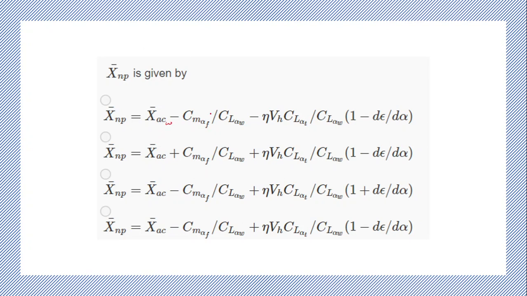What is Cm alpha f? What do you think it means? It's of the fuselage. Okay, of the fuselage, and this entire thing is the contribution of the tail. This we have seen. We have just not derived this. We have seen this equation. So now just take a moment, look at all the options, and then we'll try deriving it.